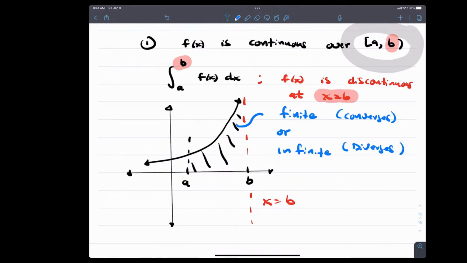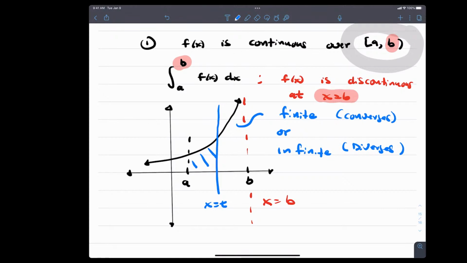And how you handle that is very similar to what we did yesterday. So let me express what we're really trying to do. You're going to take that same integral and define it this way.